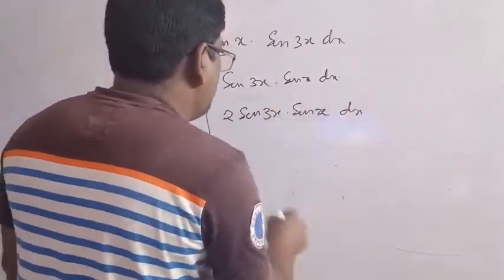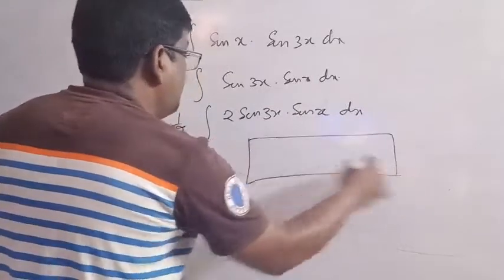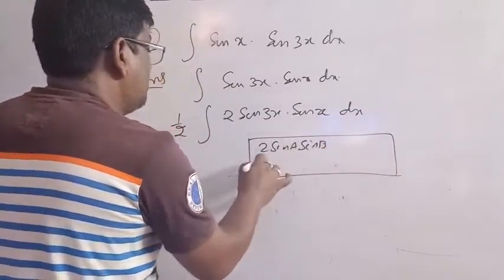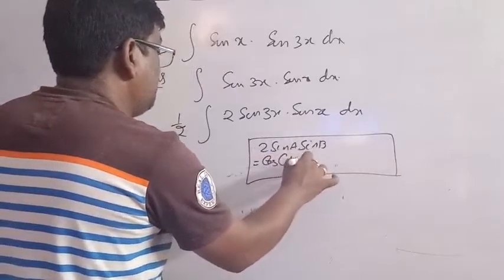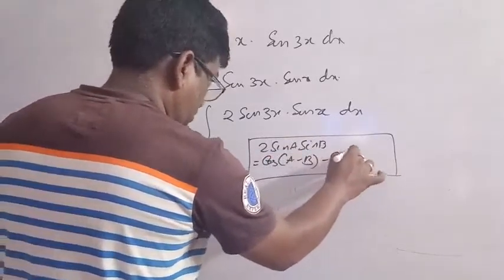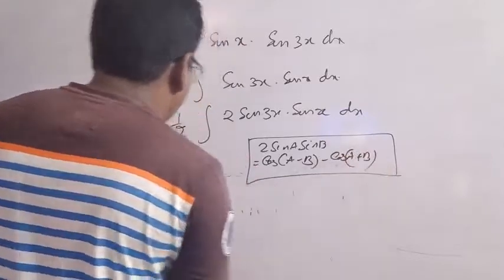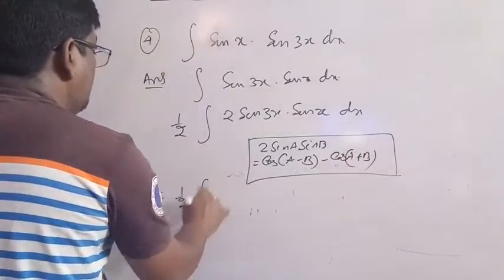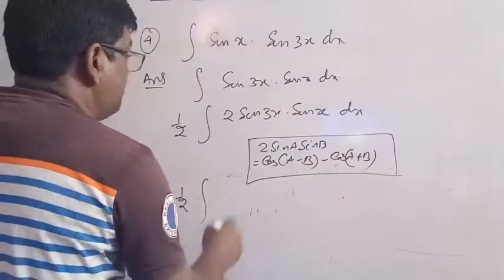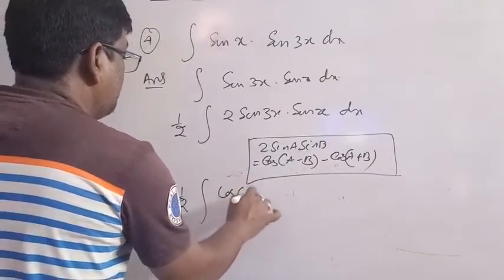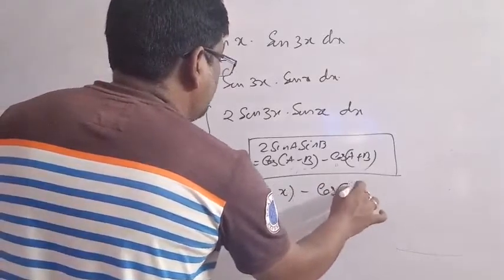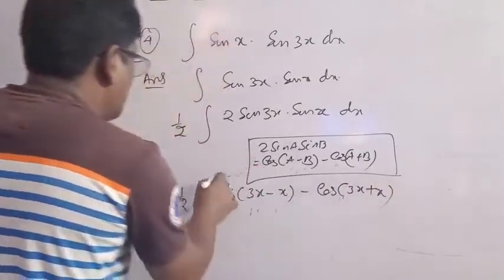It is formula for what? 2 sin A into sin B is equal to cos(A minus B) minus cos(A plus B). So this is equal to 1 by 2 integration of cos(3x minus x) minus cos(3x plus x) whole into dx.